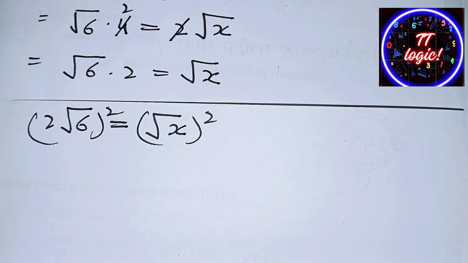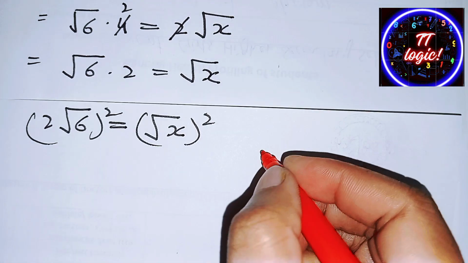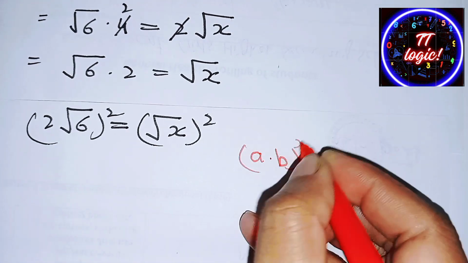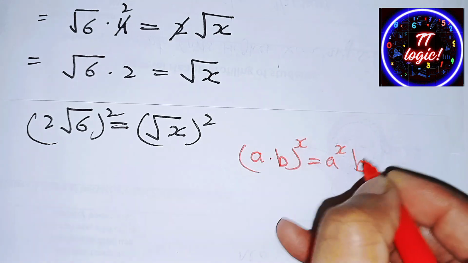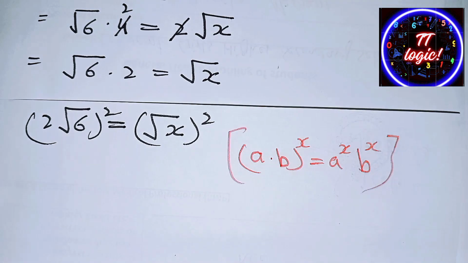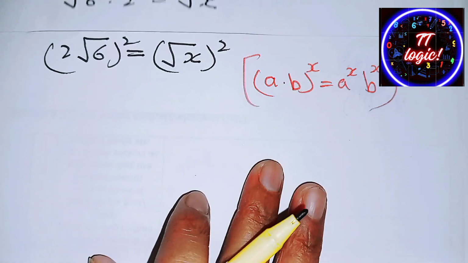Here we can solve with the help of a nice formula: (ab)^n = a^n times b^n.